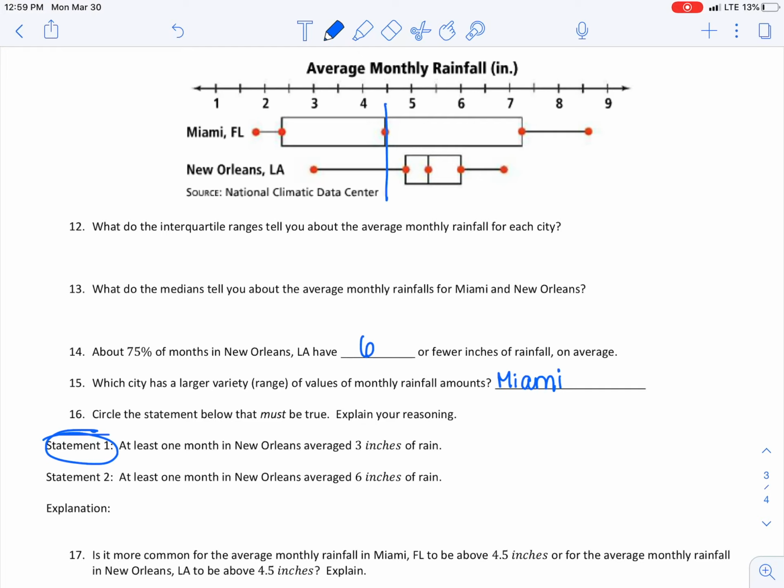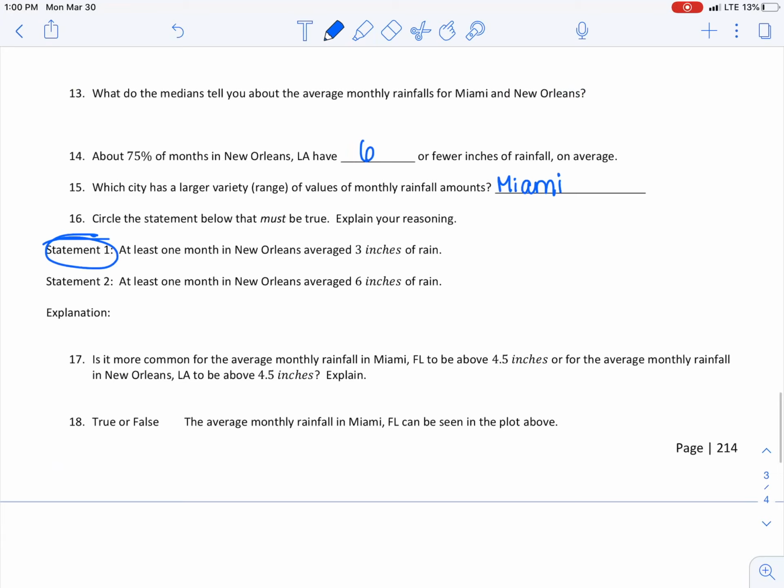Miami has 50% of its data at 4.5. Now if you look here, we have 25, 25, 25, so we have 75% of our data plus this little amount here. That's definitely going to be more of the data above 4.5 in New Orleans. So we're going to say New Orleans.